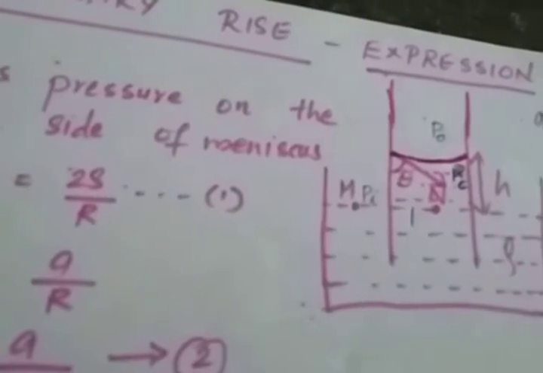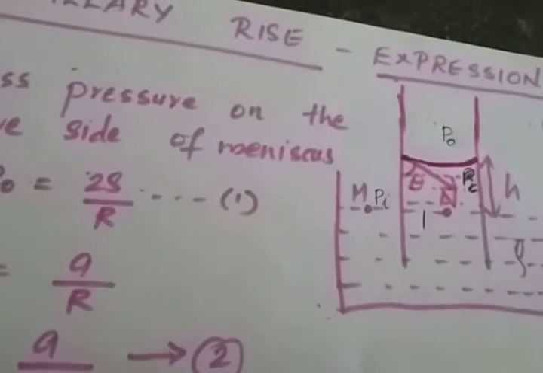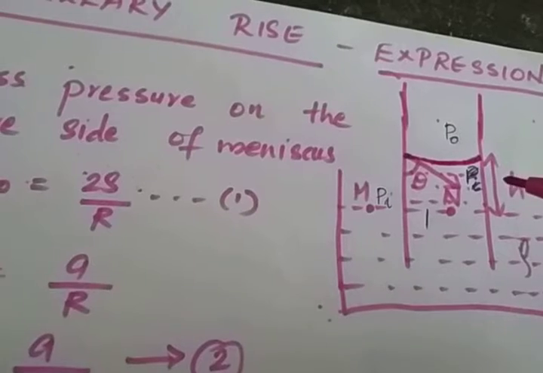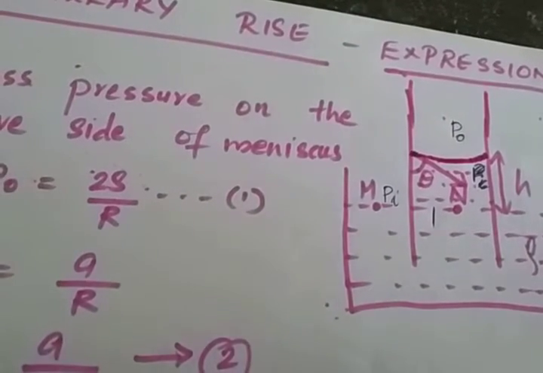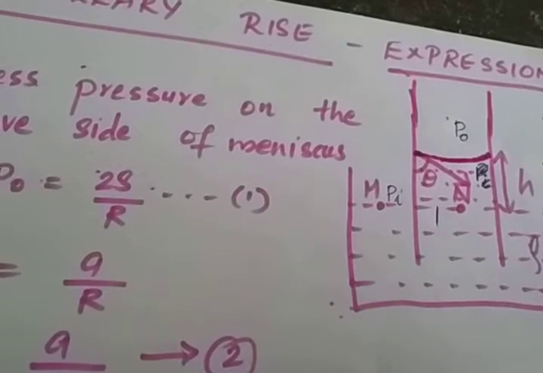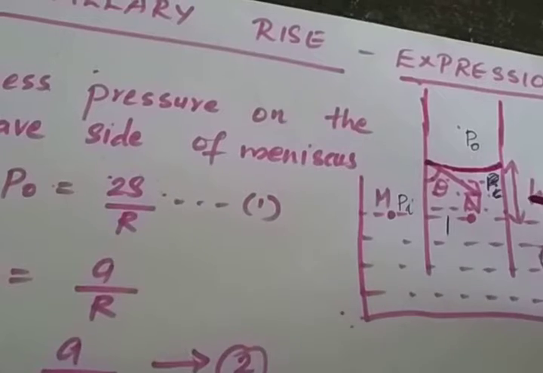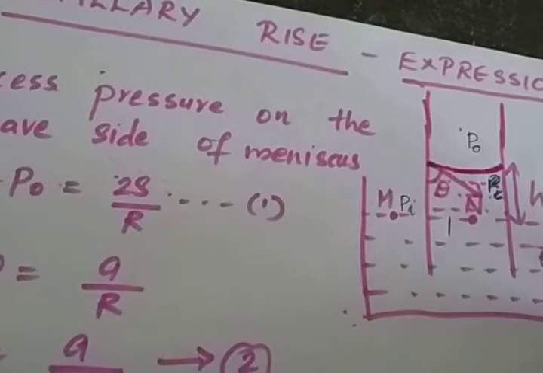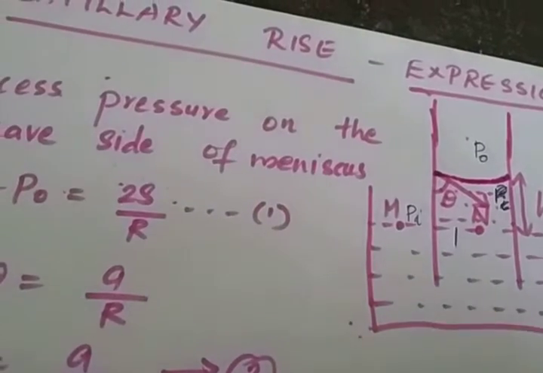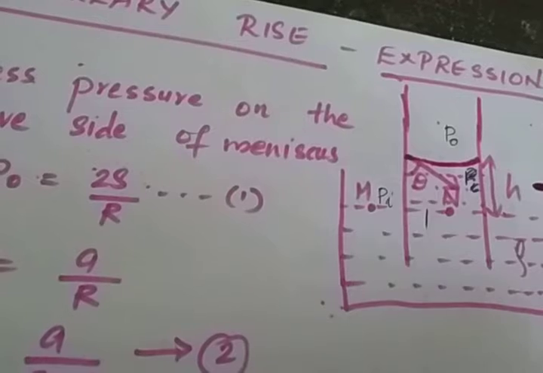Okay, and the liquid will rise in the capillary tube with a concave meniscus. Let H be the height of the liquid level in the tube. That means let H be the rise of the liquid in the tube. So this is the amount of rise denoted by H.